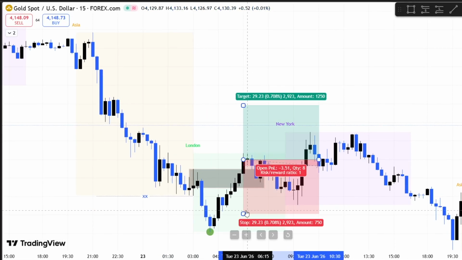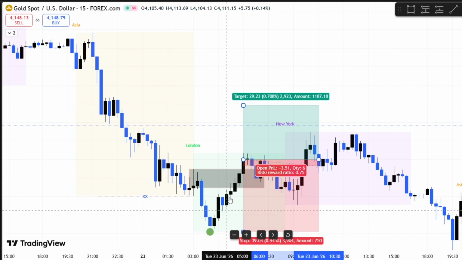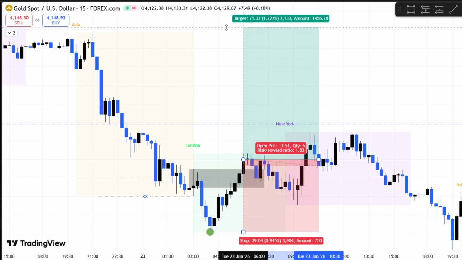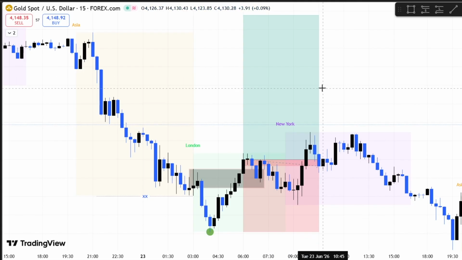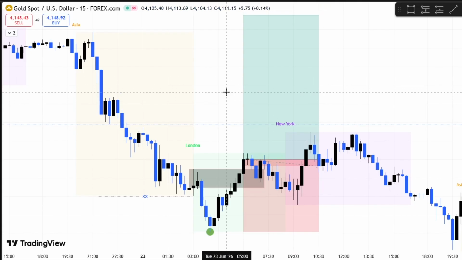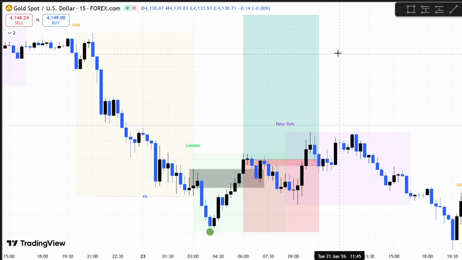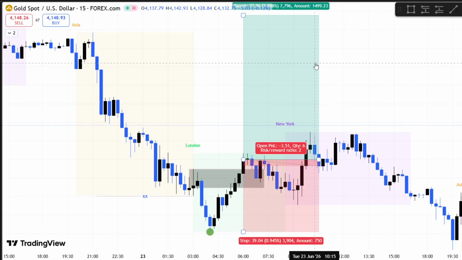With this breakout candle, we would take it. Our first TP would be here, or aim for a 1 to 2. What happened here is that we lost. I had to show you that this strategy is not a 100% win rate. Some trades will be losing trades, and it's okay as long as we think in probabilities.